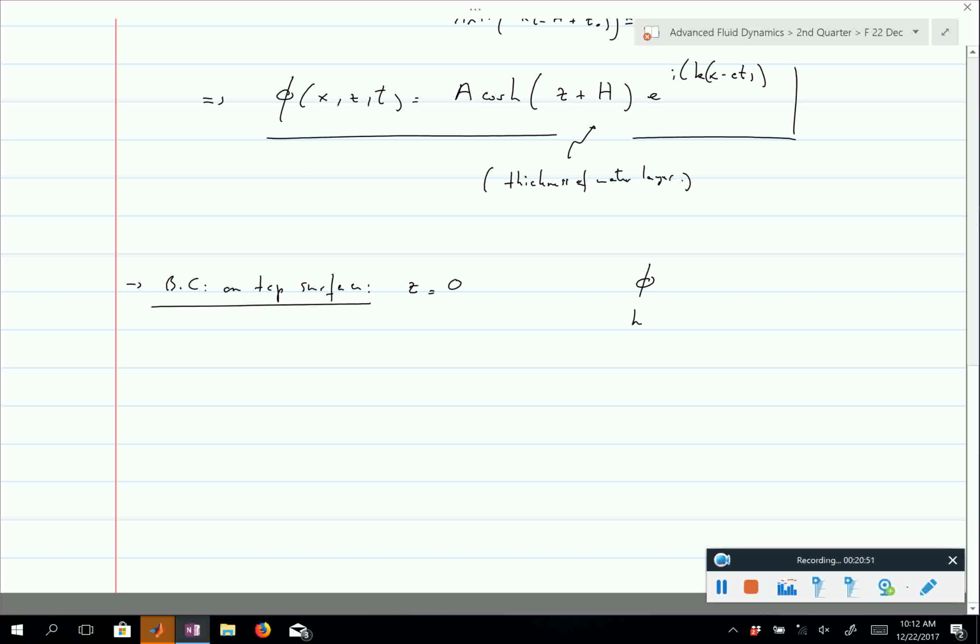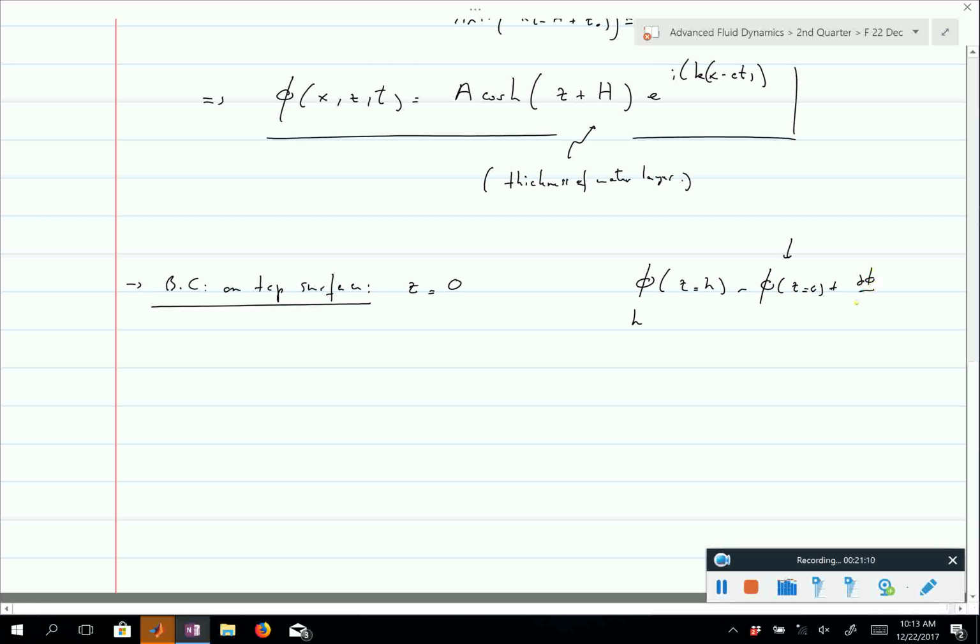If I take phi at z equals h, then this is almost like phi at z equals 0, plus phi, which is small, times partial phi over partial z, which is also small, times h, which is small. So you see here that phi at z equals h is really just the same as phi at z equals 0, because taking phi at z as opposed to at h will make things much smaller.